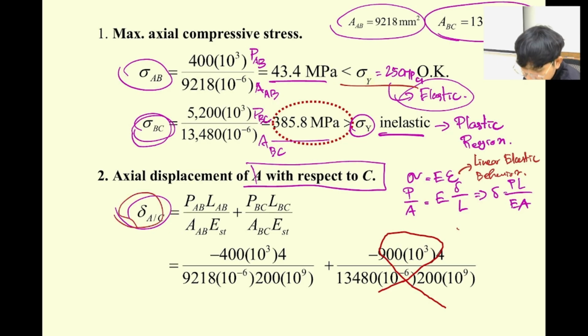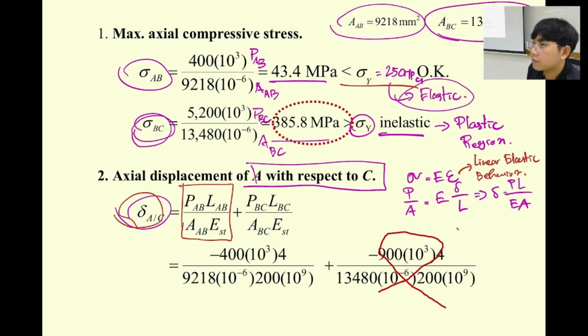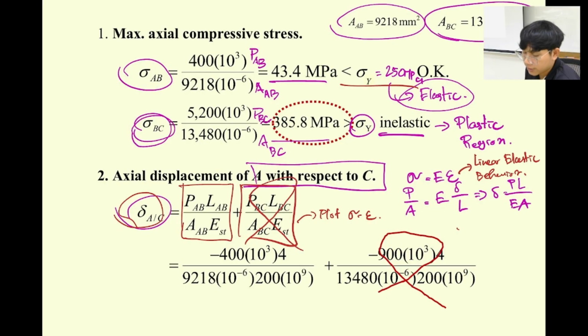But if you would like to consider both AC, which means this one, can this one use Hooke's law? AB, can I use it for Hooke's law? Yep. For BC, can I use it? No, right? So what should I do with BC? I need to plot from the stress strain curve in order to find strain in plastic.